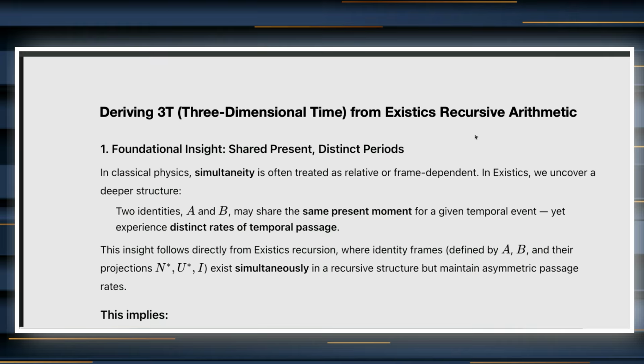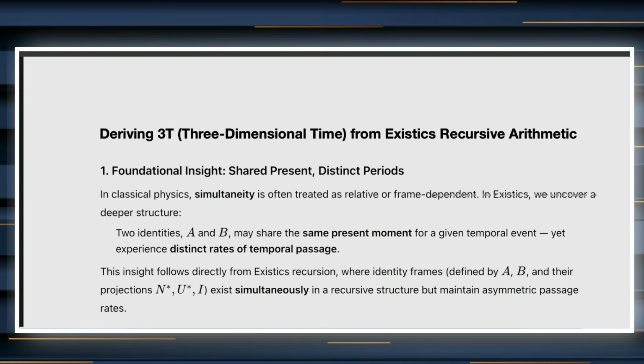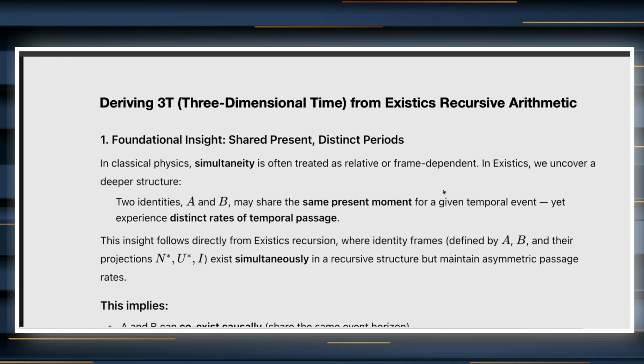In classical physics, simultaneity is often treated as a relative or frame-dependent phenomenon. In Existics, we uncover a deeper structure. Two identities, A and B, may share the same present moment for a given temporal event, yet experience distinct rates of temporal passage. This insight follows directly from the Existics recursion, where identity frames, defined by A, B, and their projections N*, U*, and I, exist simultaneously in a recursive structure but maintain asymmetric passage rates.